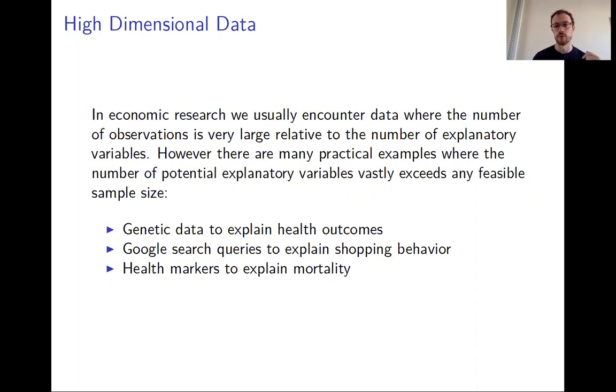In addition, think about health markers that explain mortality. There's blood pressure, different components of your blood, obesity, and so on. There's a huge number of potential explanatory variables compared to the number of people you can survey.